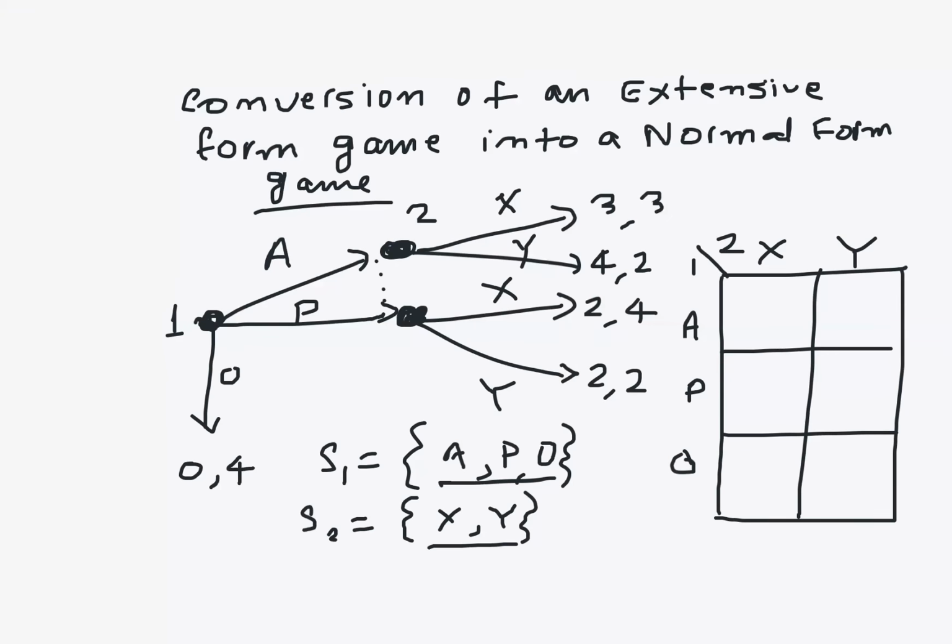So if player 1 plays A and player 2 chooses X, then the payoff is 3 to player 1 and 3 to player 2, right? So we can write that down here. And if player 1 chooses A and player 2 chooses Y, then the payoffs are 4 and 2.